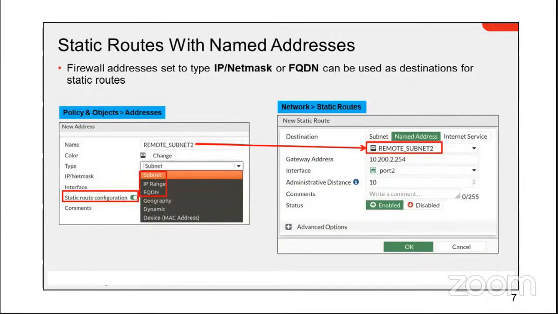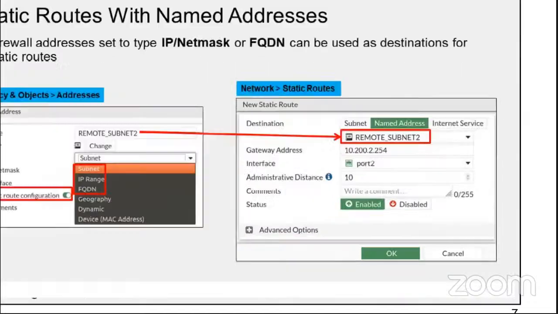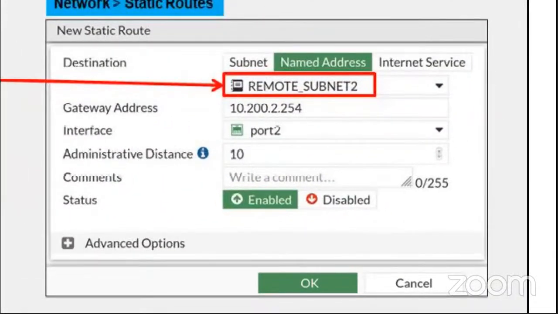This is the normal routes. In this section, if you look closely, how many options do I have in the destination? It is either a subnet, which I can mention manually, named addresses, whatever address object I have created, and internet services, which is pre-configured on the firewall. That's all the options that I have.